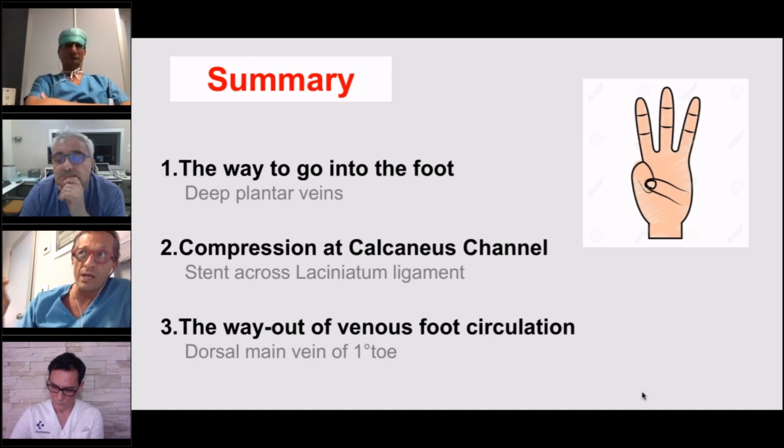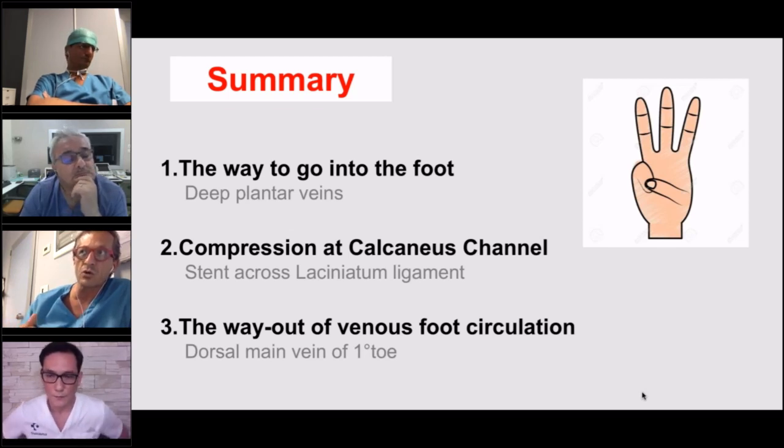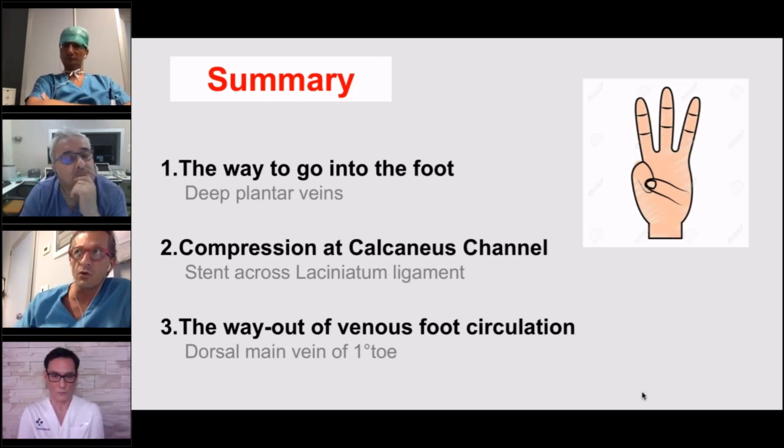We have to pay attention to the compression at the calcaneal channel, because in many patients this compression can reduce the flow, and in some patients we have to extend the stent below this ligament. And finally, in every patient we have to know that the way out to obtain the flow into the forefoot is the dorsal main vein of the first space, and we have to devalvulate this vein to obtain, at the first attempt, the flow into the forefoot.